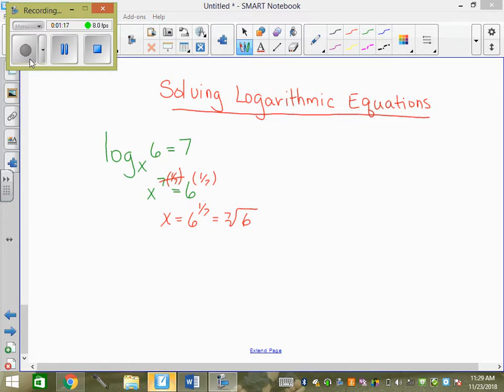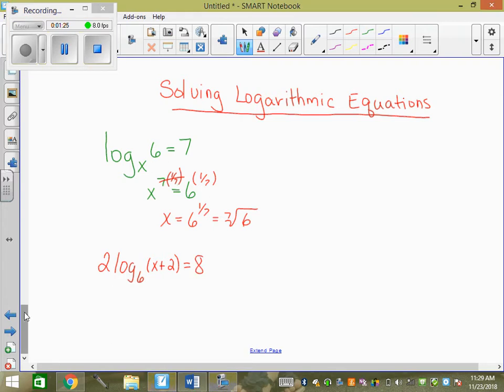So I also did an example where it was 2 log base 6 of x plus 2 equaled 8. What would you have to do before you could convert it? Either bring the 2 up as an exponent or divide both sides by 2. But we have to have a 1 in front of the log before we can convert it to exponential.